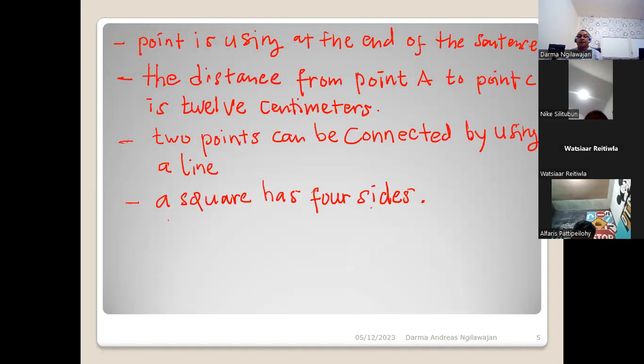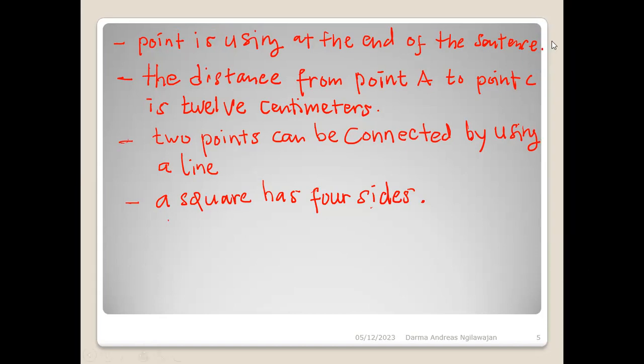Okay, these are some examples dealing with those terms that I have introduced to you. I assigned the previous class to make sentences using those terms.